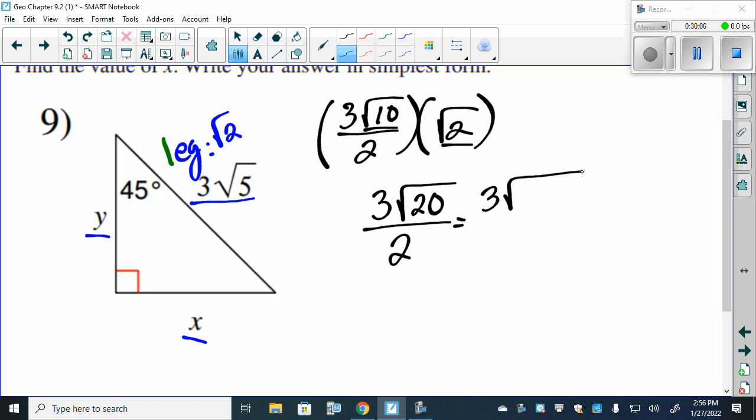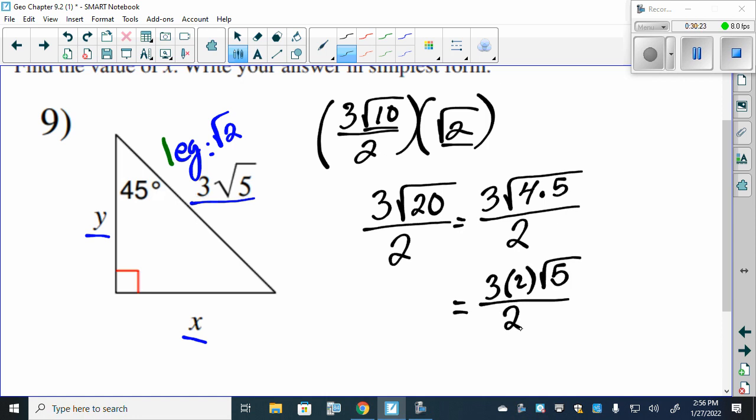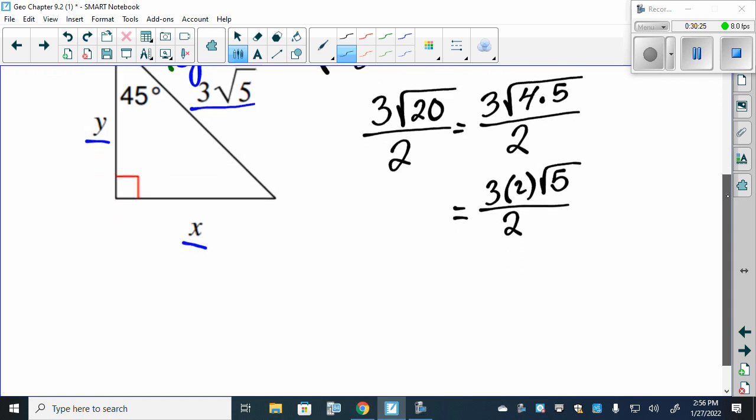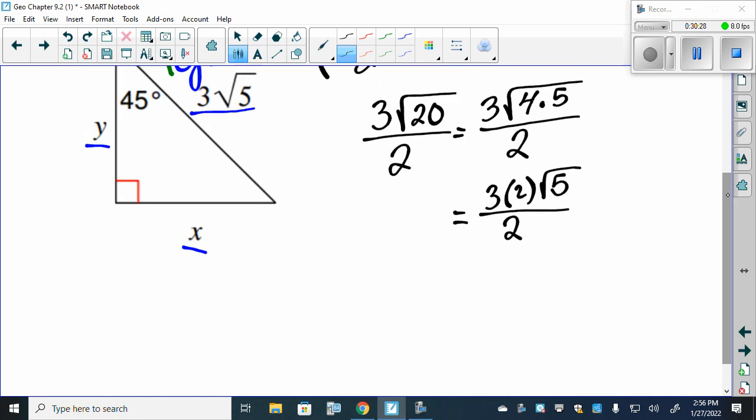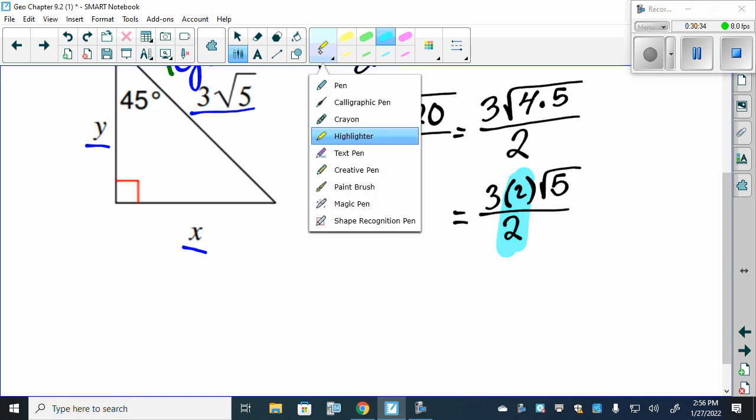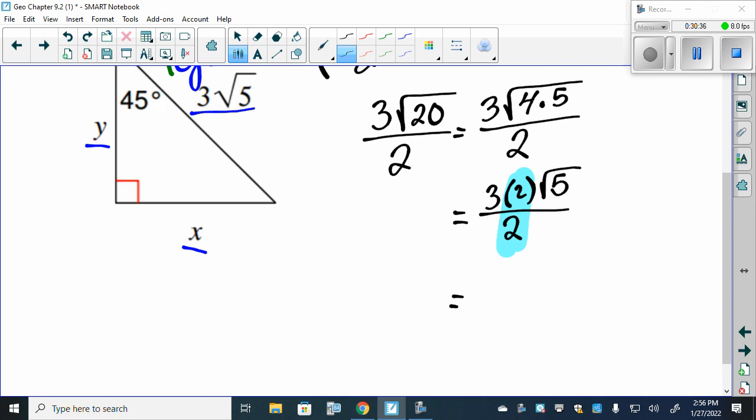Well, the square root of 20, we can break it up to being 4 times 5. Now, the square root of 4 is 2, but we can't take the square root of 5. Well, 2 divided by 2 is 1. That would simplify to 1, leaving us with what?